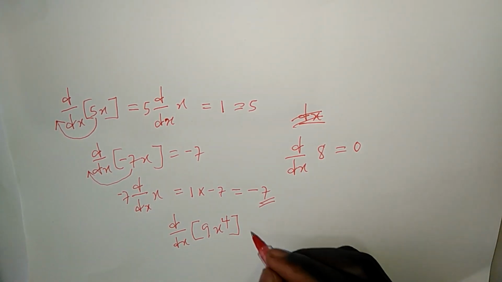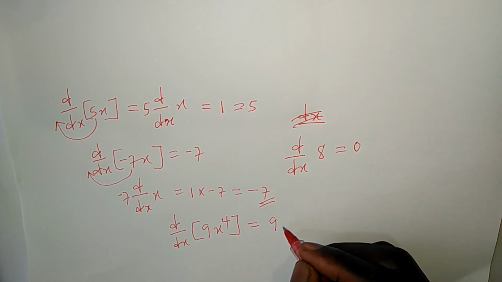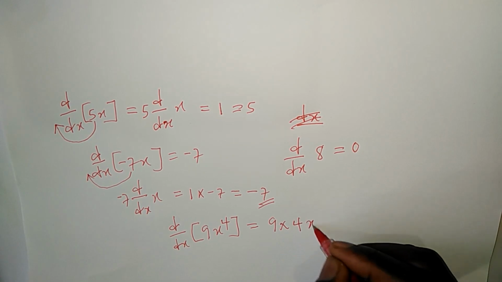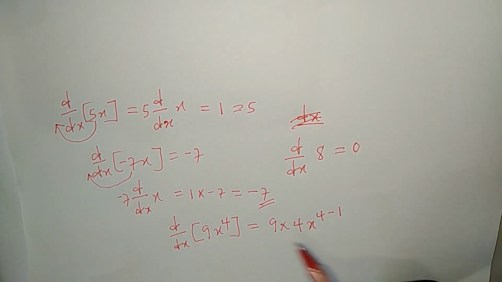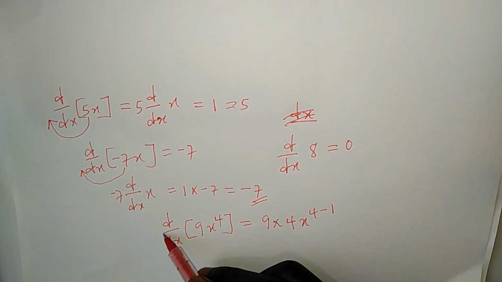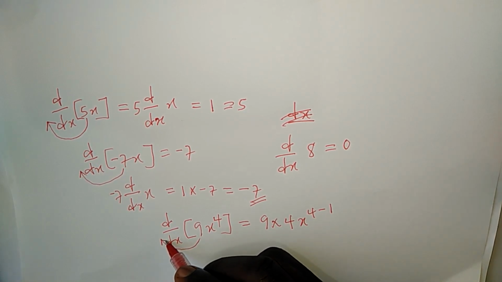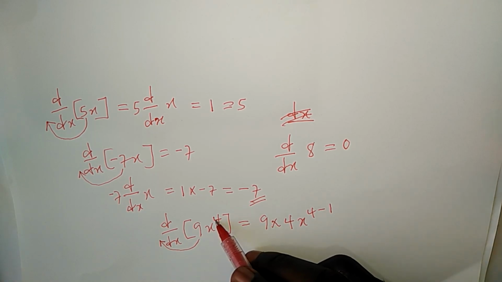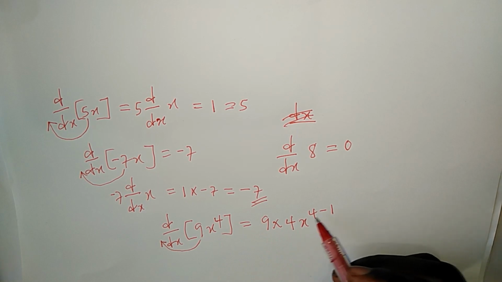To find the derivative, we say 9 multiplied by 4x raised to 4 minus 1. You understand how we did it? You can move the 9 to the front here. Then you bring down 4, because 4 is representing n, then you do 4 minus 1.